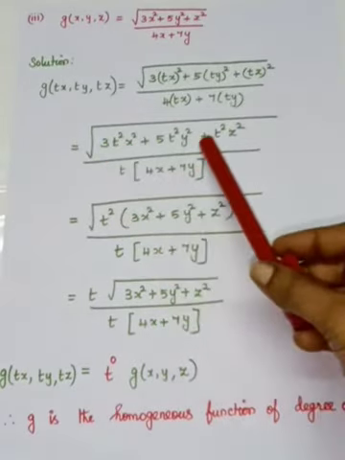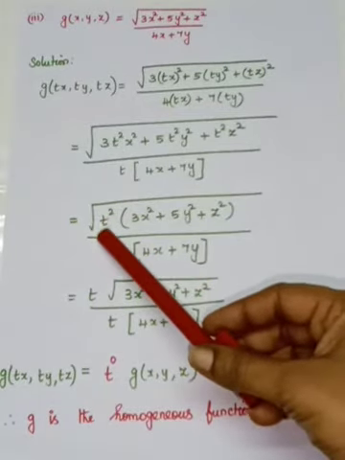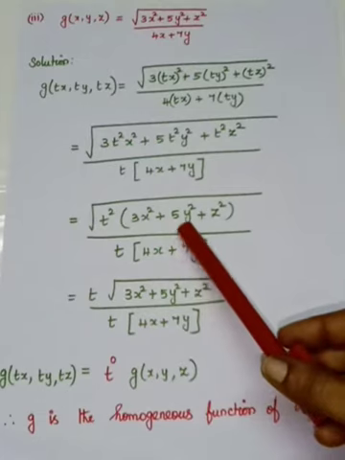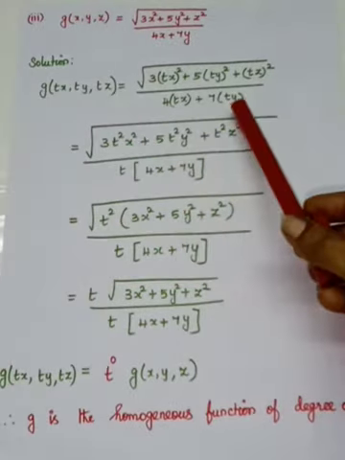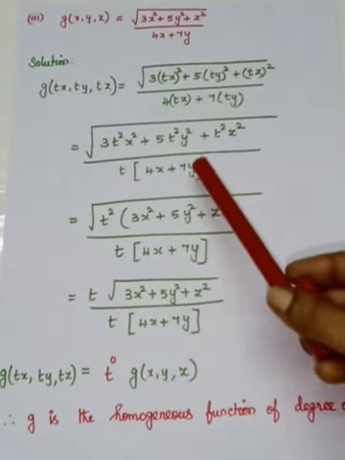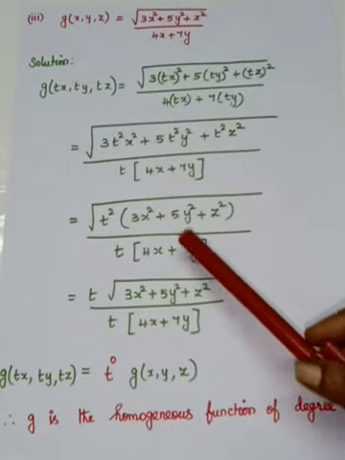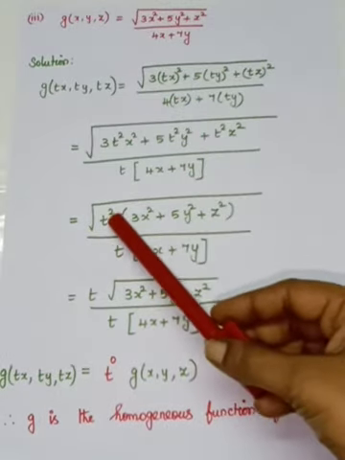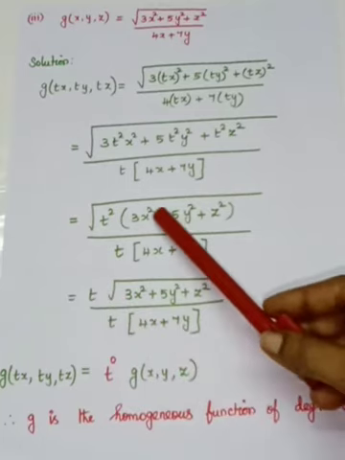So here in all the terms, what is common? T squared. So it's a square root of t squared into 3x squared plus 5y squared plus z squared. You look at the denominator, what is common? T is common. So if you take out t, it is 4x plus 7y, isn't it? T is taken out means here 4x plus 7y, that is written here. So square root of t squared is what? It is t, and you have to apply the square root for the remaining function.